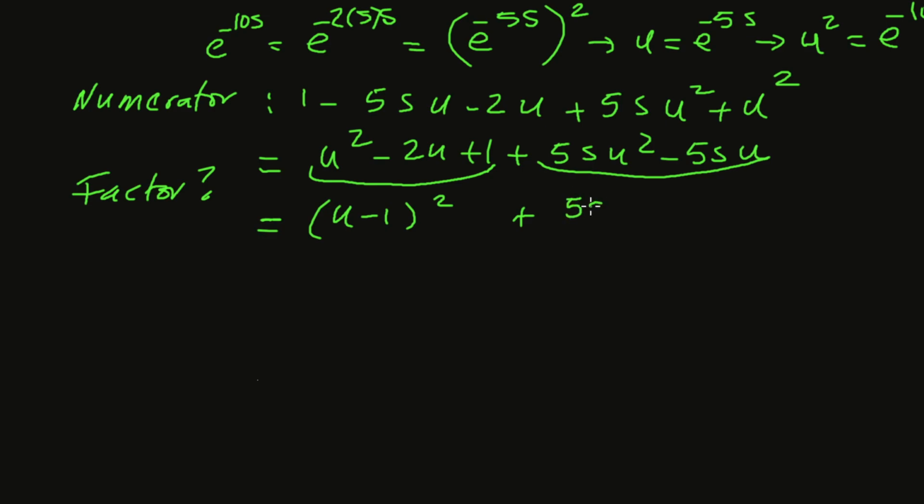Yeah, if we factor 5s u times u minus 1, you see 5 terms can be factored, not just 4 terms. 4 terms by grouping, direct. 5 terms rearrange, factor, look for something in common. So u minus 1 now is a common factor between these two, right?